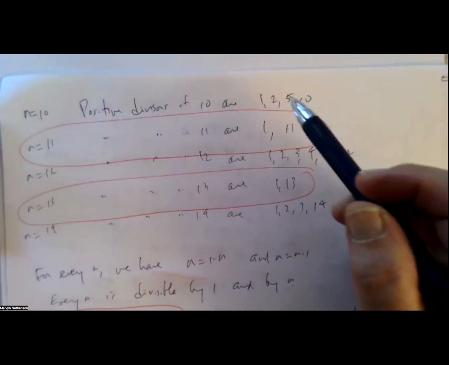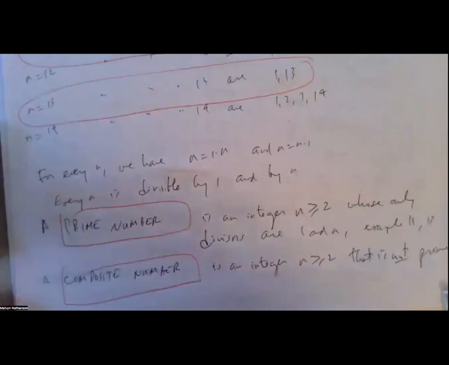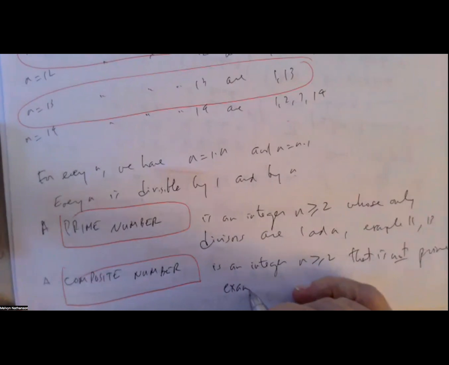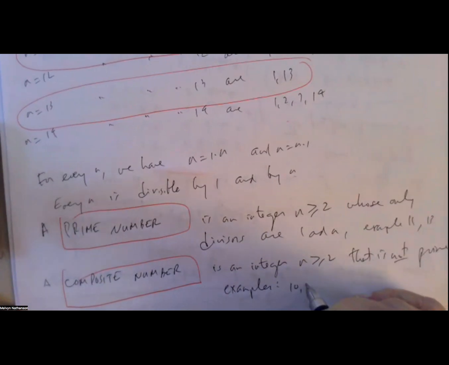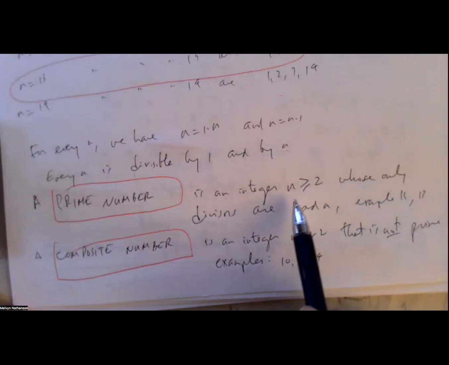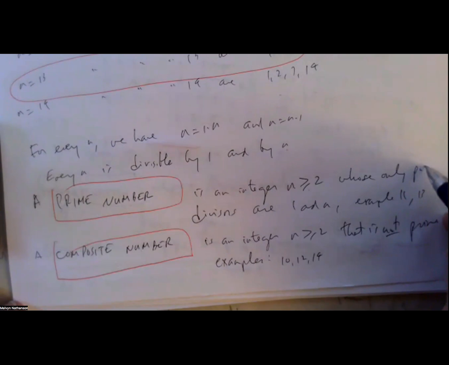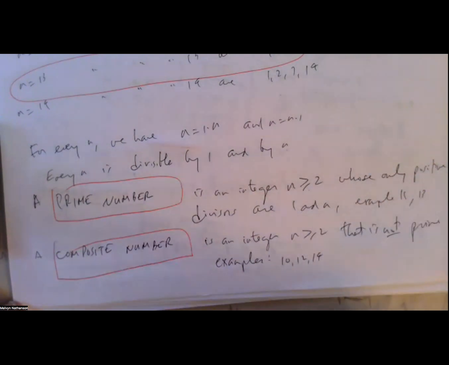So for example, if you look at 10, 12, and 14, so an integer is prime if it's at least 2, and its only positive divisors, I should say positive, since -1 divides the number also, are 1 and n. A composite number is an integer at least 2 that is not prime.